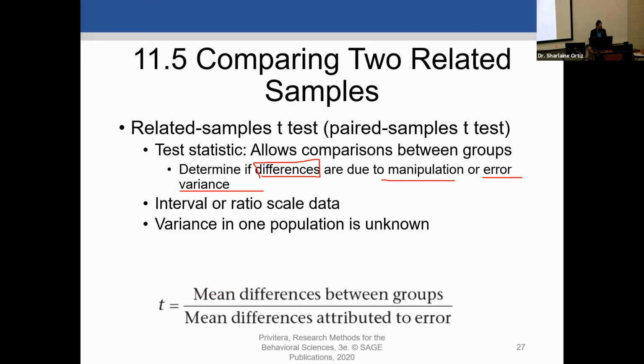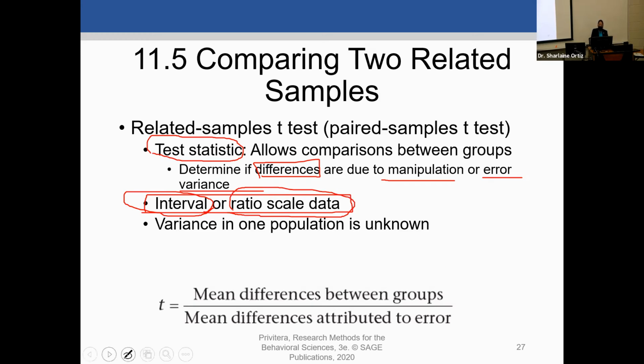In order for us to be successful in utilizing a test statistic, there are some aspects that we would need to cover. One is that the data you are utilizing falls within the interval or ratio scale.